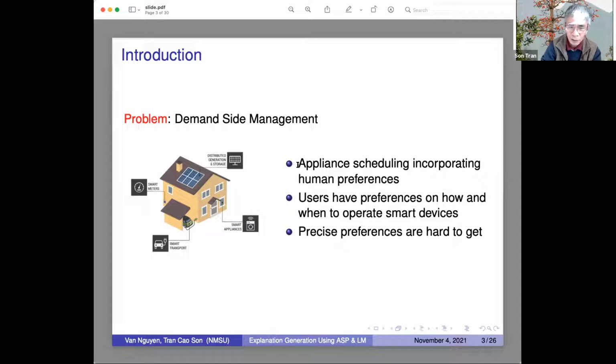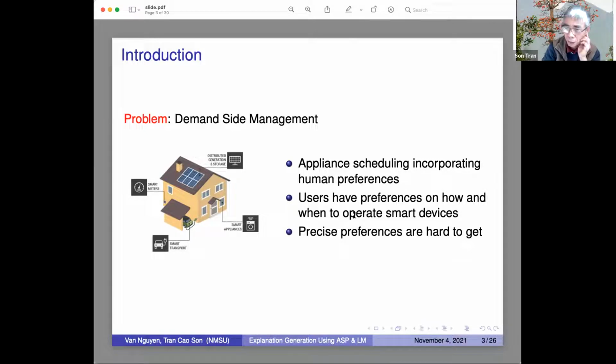So the general problem is to schedule the appliances such that we incorporate the human preferences. Users usually have preferences on how and when to operate the device. The first issue is that precise preferences are hard to come by.